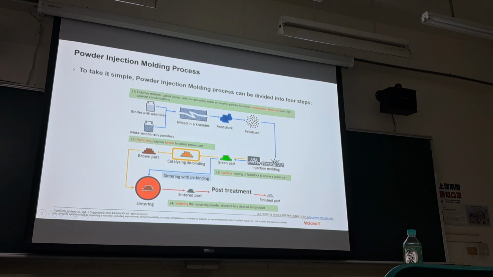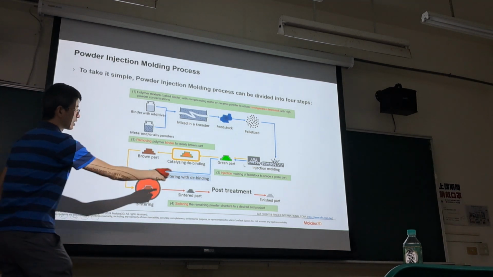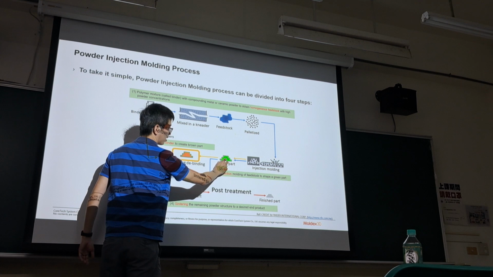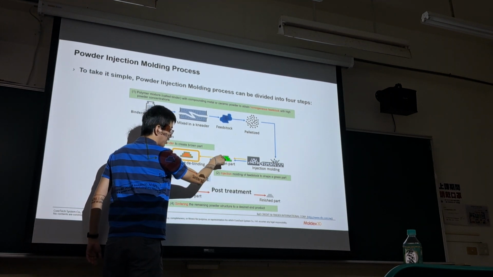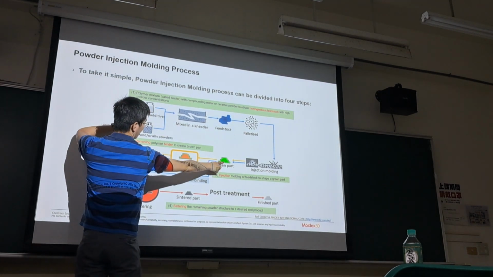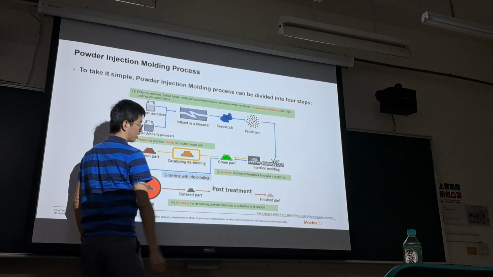Then we can turn this into a flowable mixture, and then we are able to push the screw forward and into the mold. Once we take out this part, we call this the green part. Here we still have binder and powder inside this.